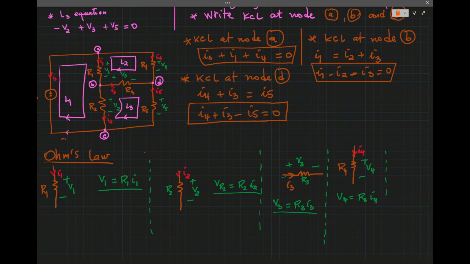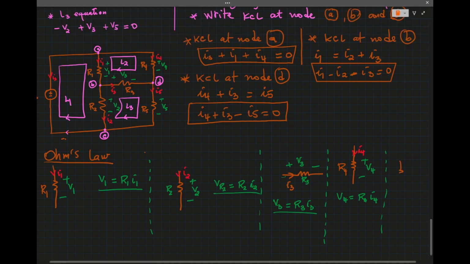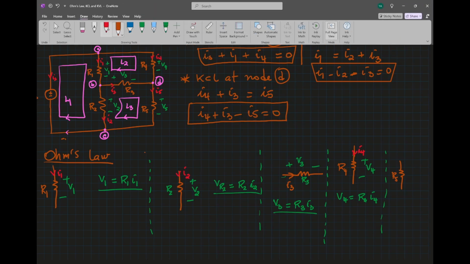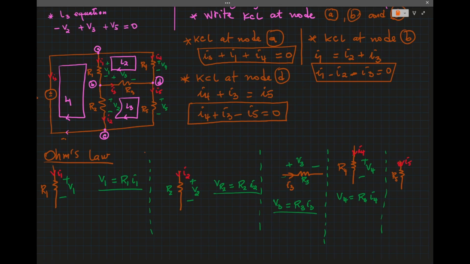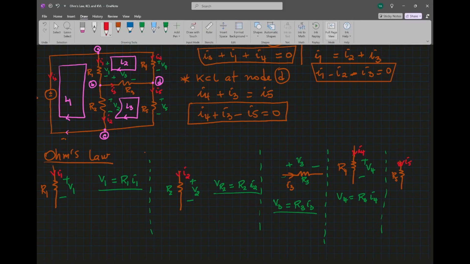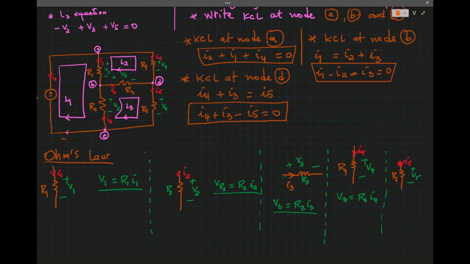And the very last one, which is R5. We have R5, and the current I5 is flowing from plus to minus, and the voltage is V5.